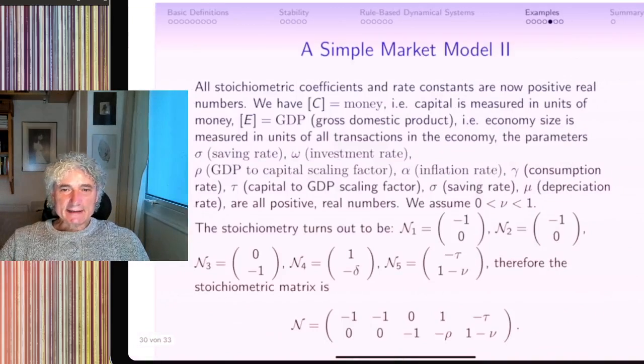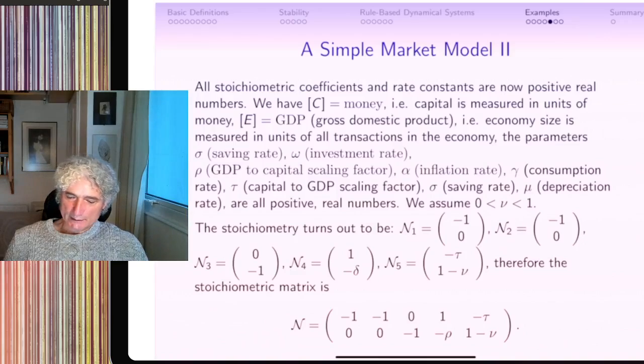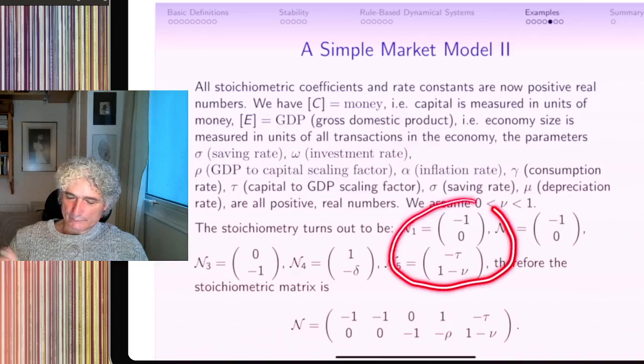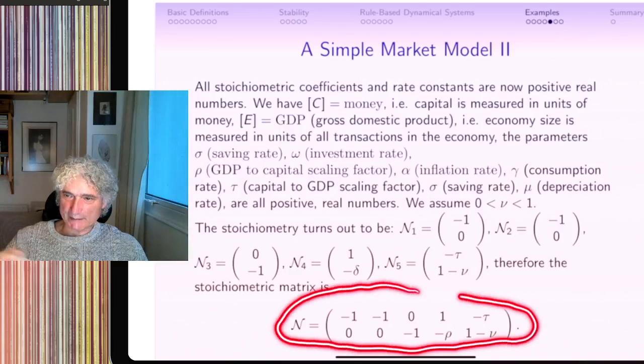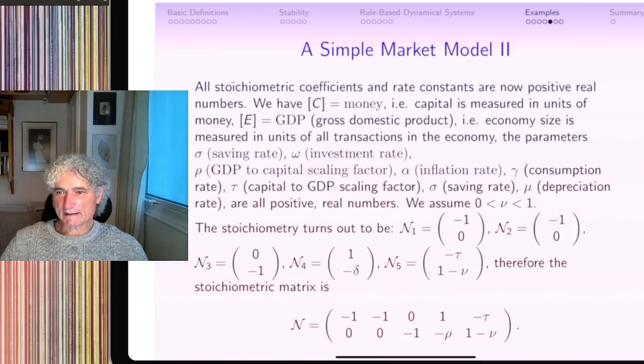You do exactly the same construction as for the particle systems. So you first have to construct all the different stoichiometric net production vectors n1 to n5, and then you can assemble the whole stoichiometric matrix, which now looks like that.